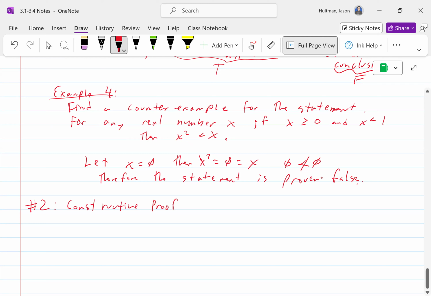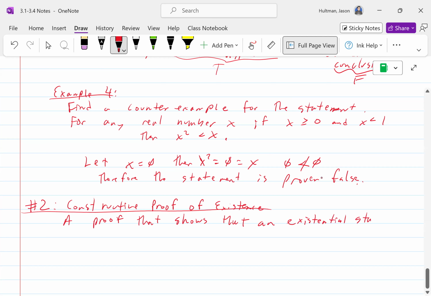A constructive proof of existence is a proof that shows that an existential statement is true by showing an element of the domain has the required properties.